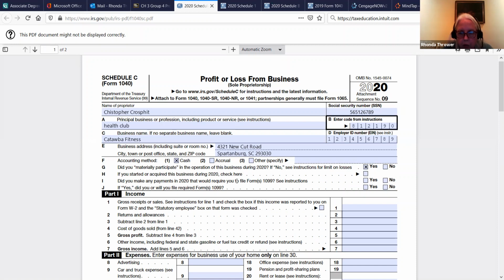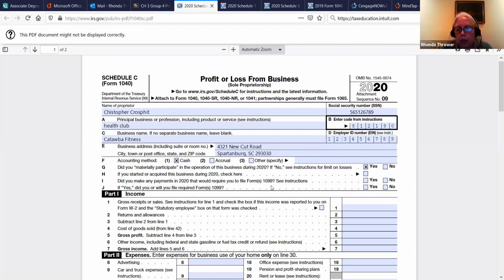Evidently, he'd been in business for a while, so that was skipped. And this is asking you if you've had any employees that did work for you. You would need to fill out a form 1099 for them and send it to them so that they could charge that as income on their tax return.